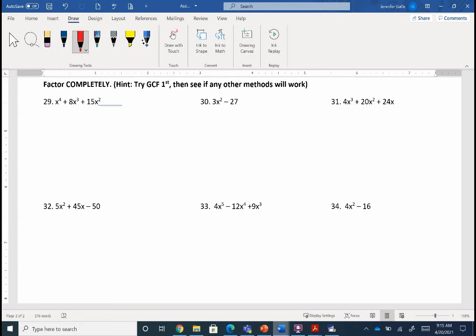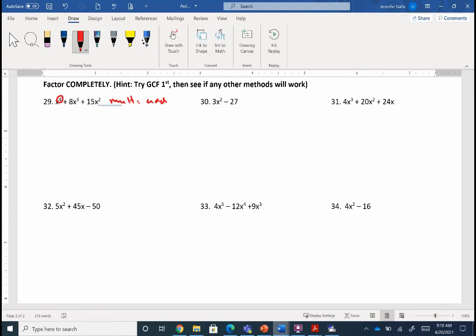So take a look at question number 29. I know for some of us, as soon as we see 3 terms, we want to start doing our multiply add thing. Just because you have 3 terms doesn't mean you can just start doing the multiply add thing. Trinomial is part of it, but the other part is that we need to have a quadratic.